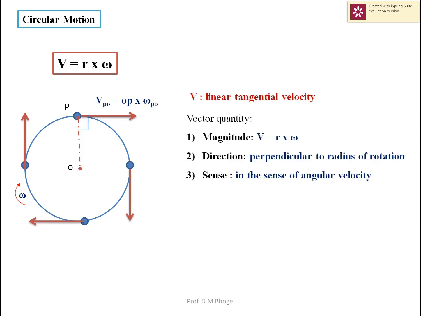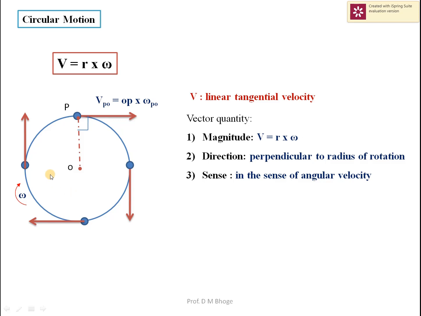This V, linear velocity of a particle in circular motion, is called linear tangential velocity. Of course, it is a vector quantity whose magnitude is equal to R into omega, whose direction is perpendicular to radius of rotation at all the instances of rotation, and the vector representing this velocity is directed in the sense of omega.